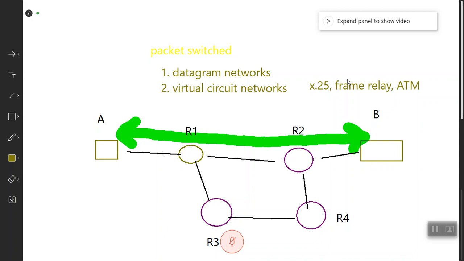Now, what happens here? For this path, A would think that this path is only for me. Nobody else is utilizing this dedicated circuit. This is what we call a dedicated physical circuit.